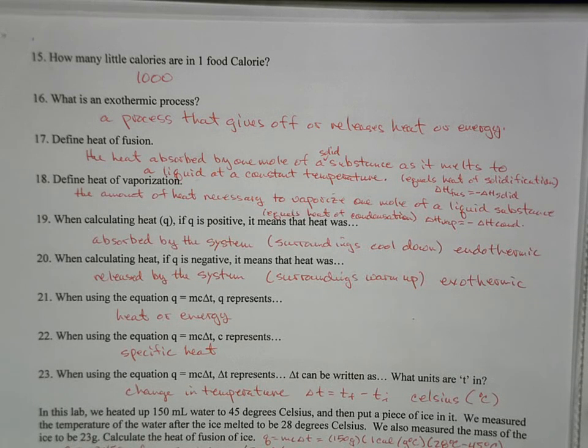So, again, vaporizing, endothermic, because it's got to gain the heat to become a vapor. Condensation, exothermic, it's got to lose heat. Same thing in 17. Melting has to gain the heat, so it's a positive number. Freezing has to lose the heat, so it's a negative number.